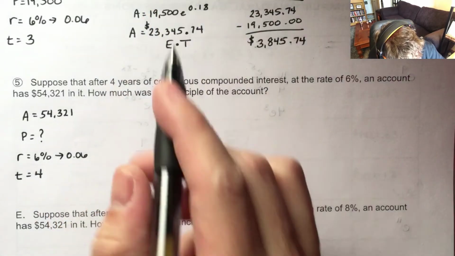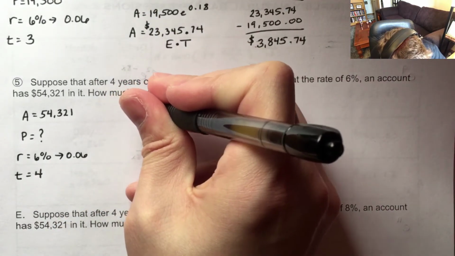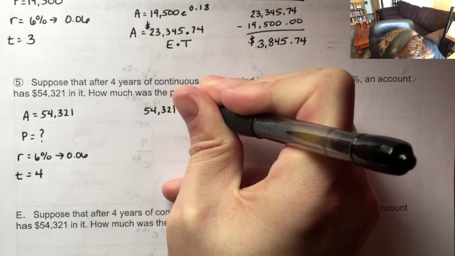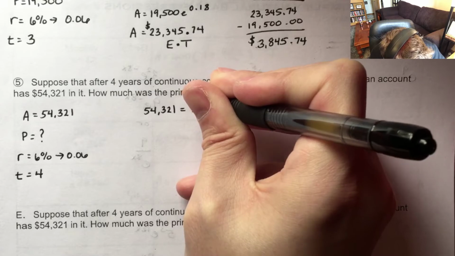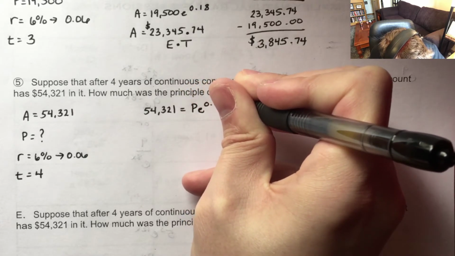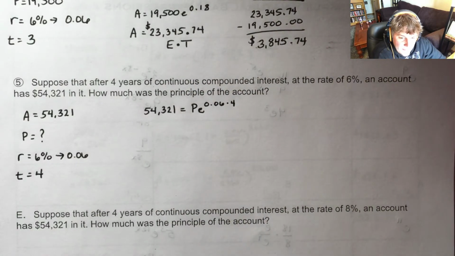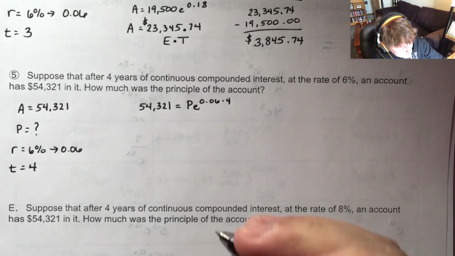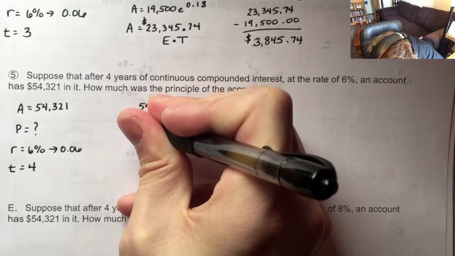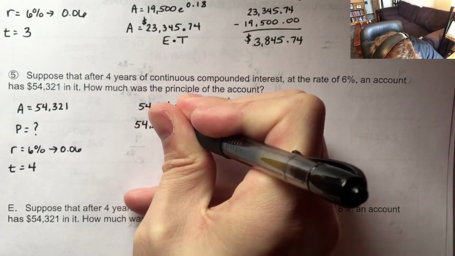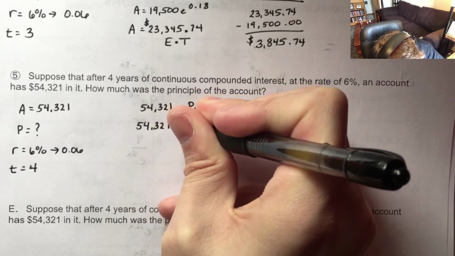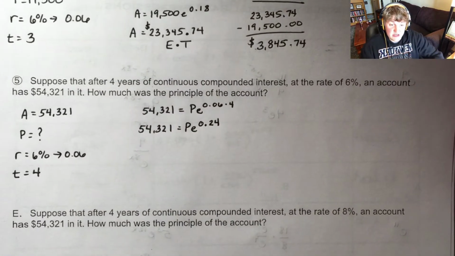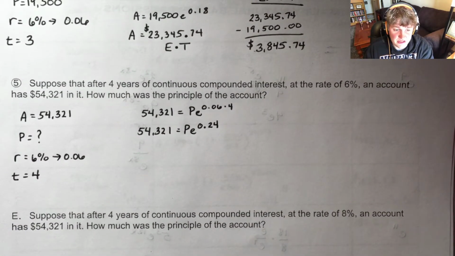Let's set up this formula. We know that $54,321 is equal to the principal times E to the 0.06 times 4. I can multiply 0.06 times 4, so 54,321 is equal to the principal times E to the 0.24. This comes back to the first things we talked about.